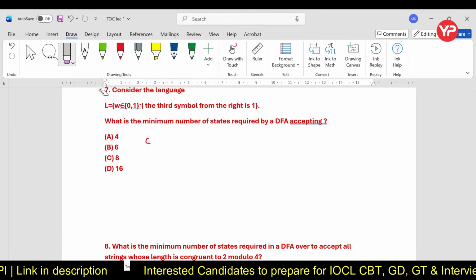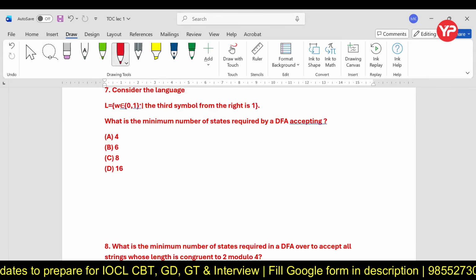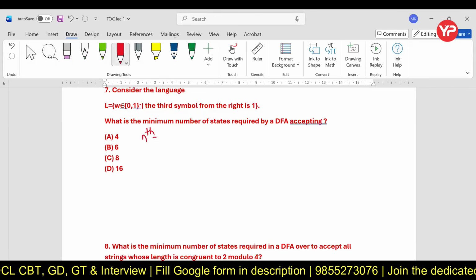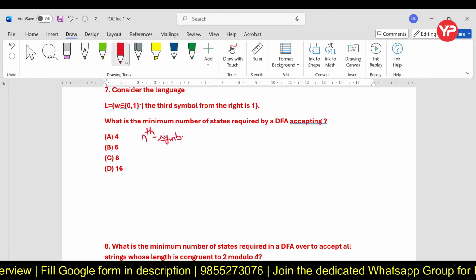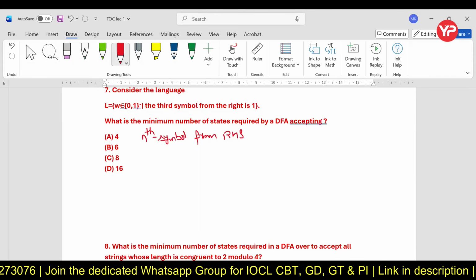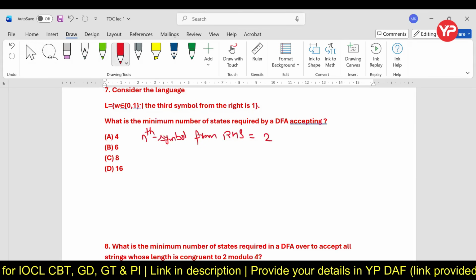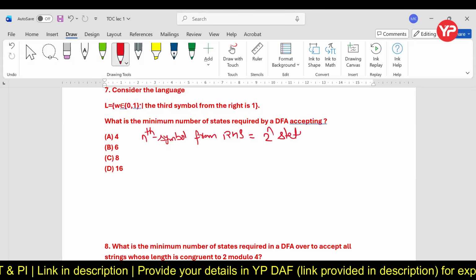keep in mind these formulas so that you can quickly solve the questions. If I talk about the nth symbol from the right hand side, it requires 2 power n states in DFA.